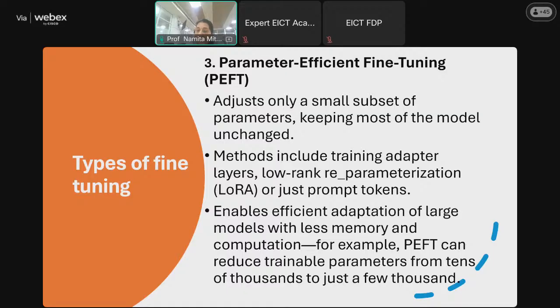So we can go from a big number of parameters to just a few thousand only. That is what low rank is. In the base model there are too many parameters, but in this fine tuning we have only a small number of parameters. That is known as low rank.